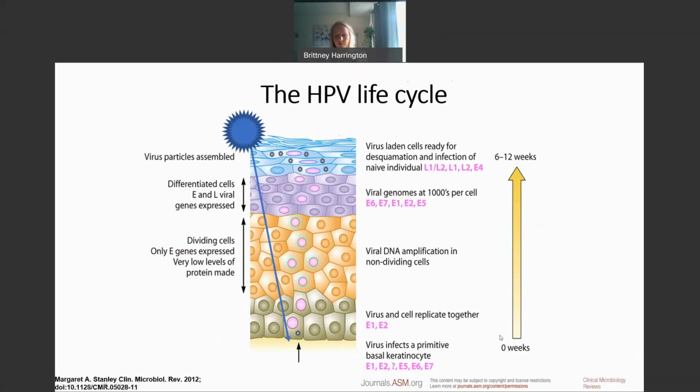Within 12 weeks, the virus has infected, replicated, and can go on to further infection. So I'll go through this step by step.